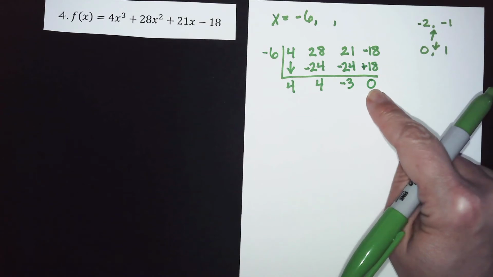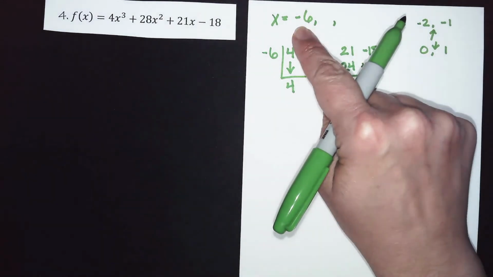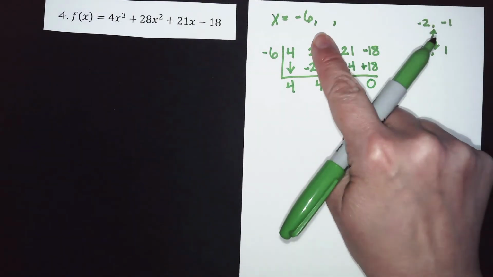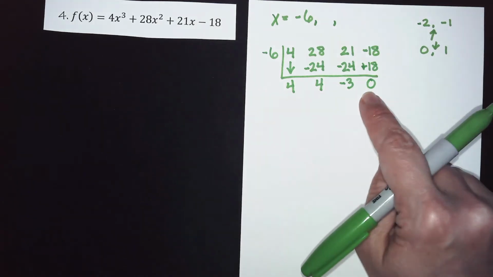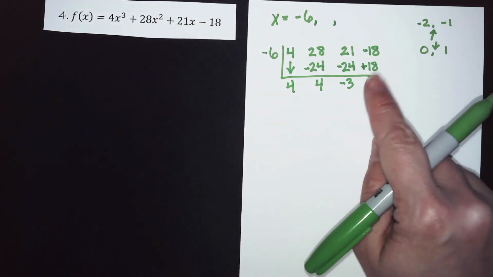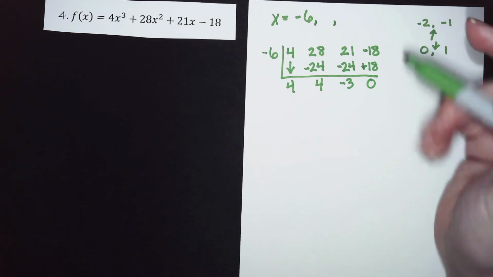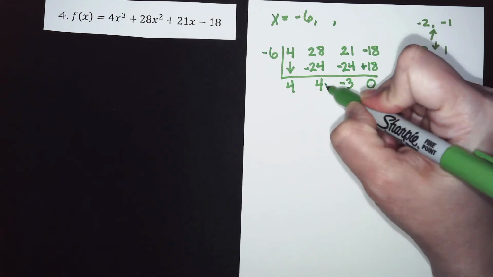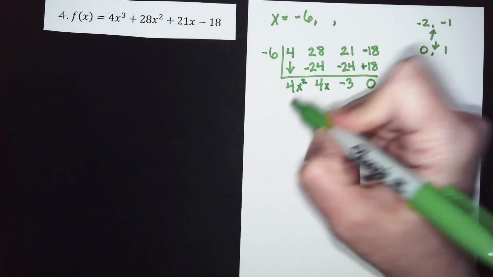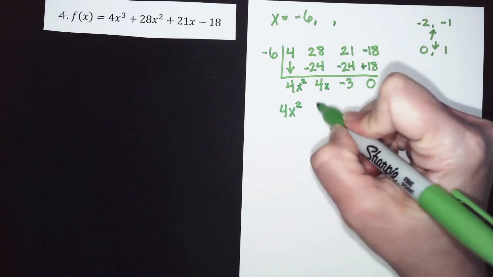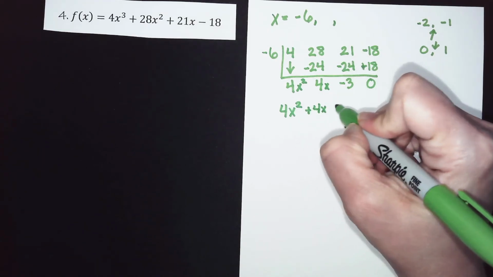You should get 0 if that is an answer. If that was not a true 0 of the function, then you would get a remainder. But if it is, you should always get 0. So this would be our constant, this will be x, this will be x squared. So I know I have 4x squared plus 4x minus 3.